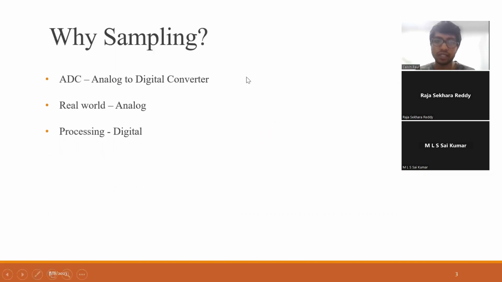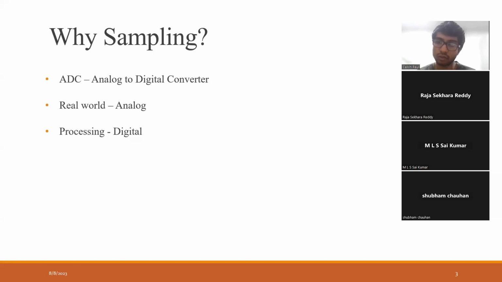Now, why are we doing sampling? In digital control, sampling is required. All the real world signals, that is, the current flowing in the inductor of the buck converter, or the voltage stored in the capacitor, anything, all of these are analog. Those analog signals have to be converted into an equivalent digital signal.